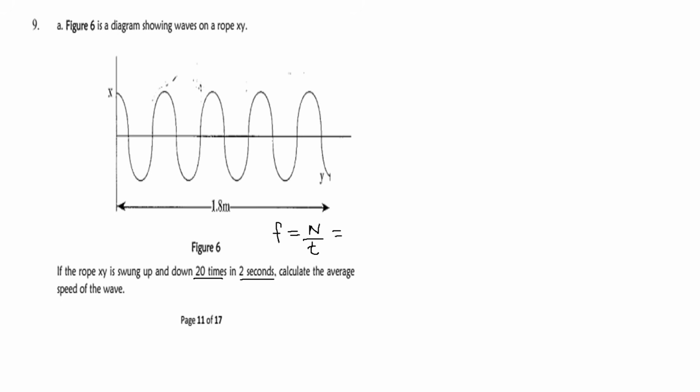So the number of swings is 20 divided by time, which is 2 seconds. The frequency is going to be 10 hertz. That's the first thing that you should have.